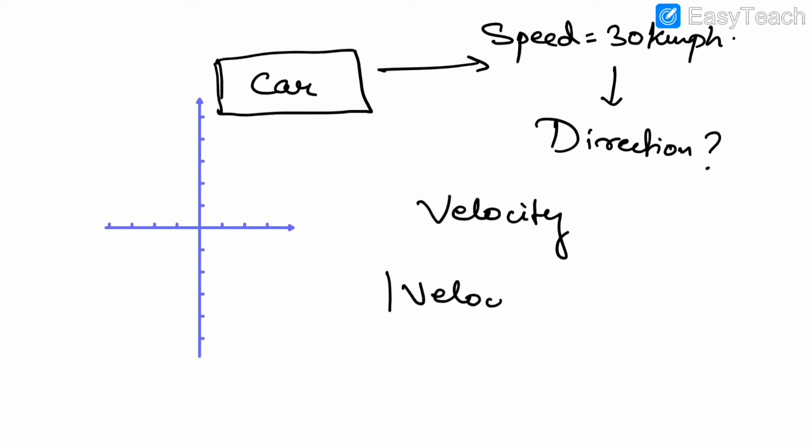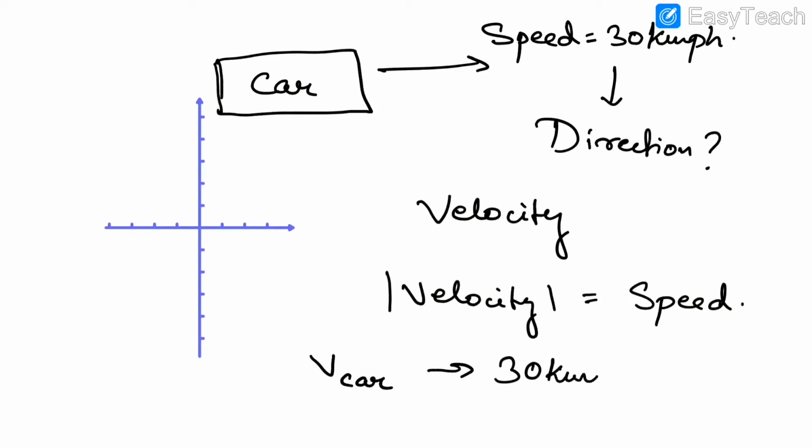So the modulus, or the magnitude, of the velocity is the speed of the car. But it also has direction. When we say what is the velocity v of the car, we have to say that the car is moving with 30 km/h, and we have to say the direction, that it is moving due east, if this is east.